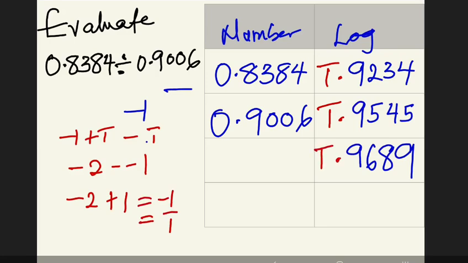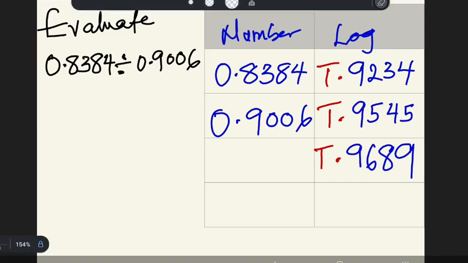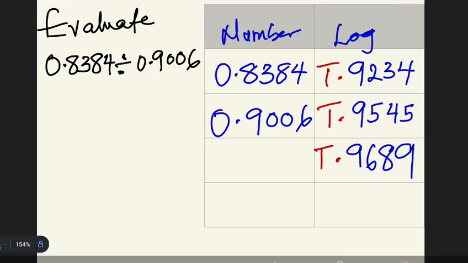The next stage, after we have gotten the logarithm and subtracted, is to find the antilog of this, and the antilog is written where the number is. The first thing you must do is write this bar 1 as times 10 raised to the power minus 1.